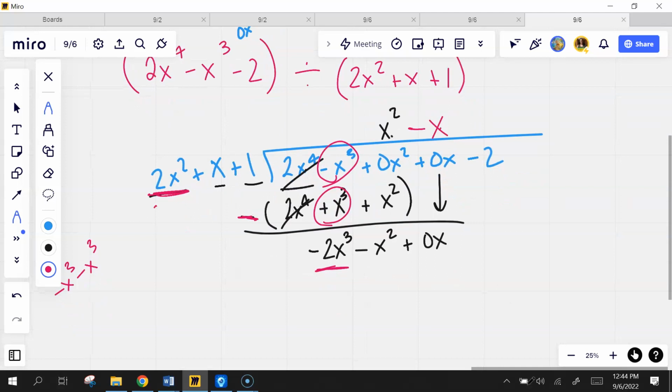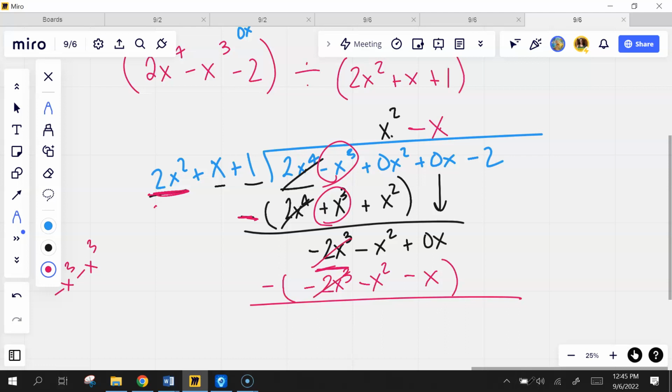Negative x times 2x squared is, I'm multiplying here around, negative 2x cubed minus x squared minus x. But I have to subtract everything.